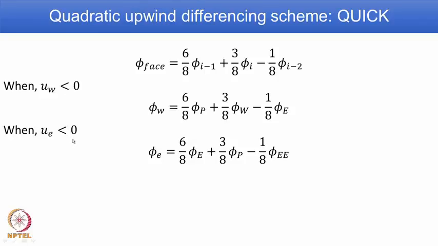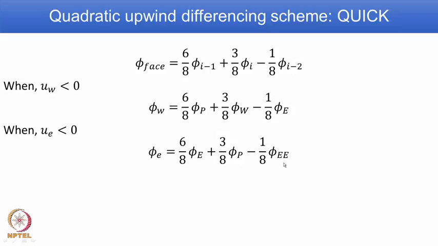velocity condition. The second case, UE less than 0: again the flow is from right to left, negative velocity. For the phase E, the I node, which is the immediate downstream node in the direction of the flow, is the P node, I minus 1 is the E node, and I minus 2 is the EE node.